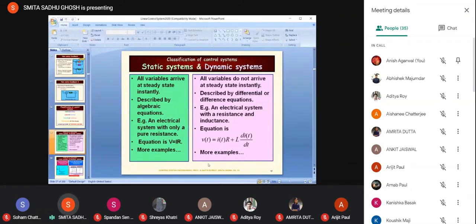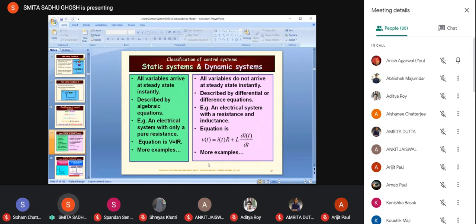F equal to ma, or whatever notations you use. Over there, a pure mass would be considered as a static system.